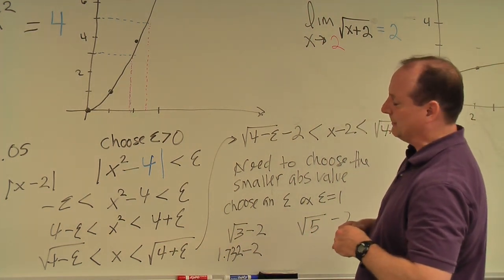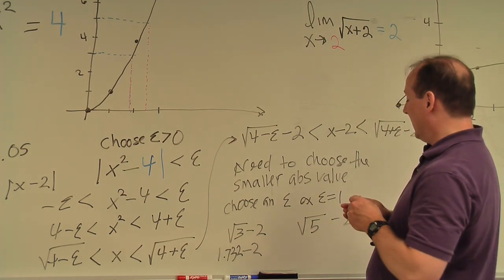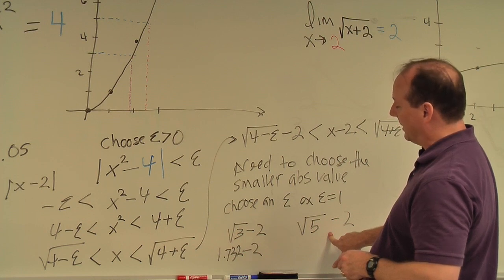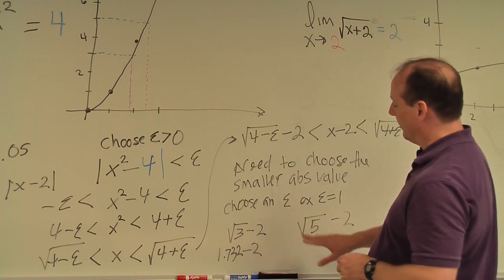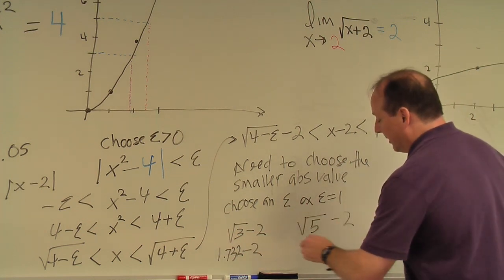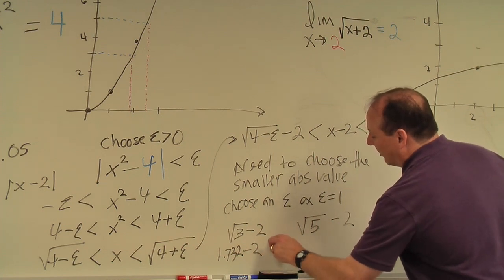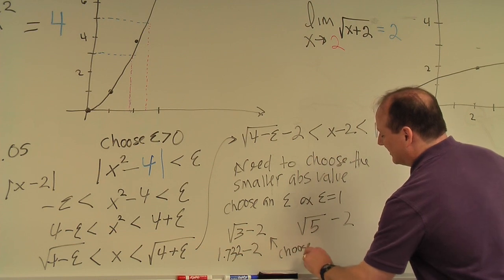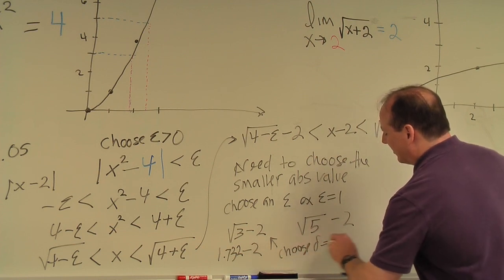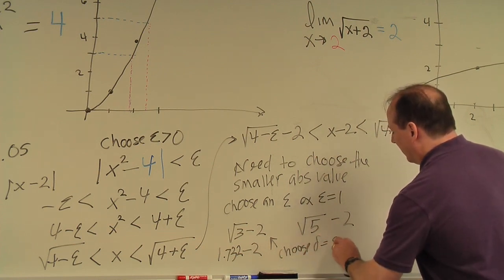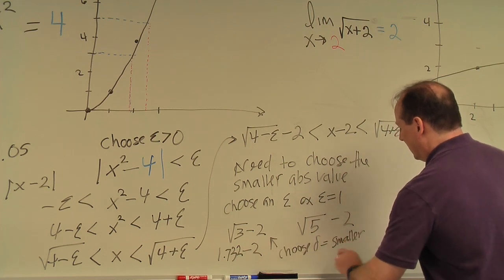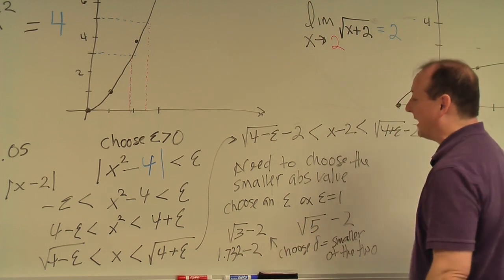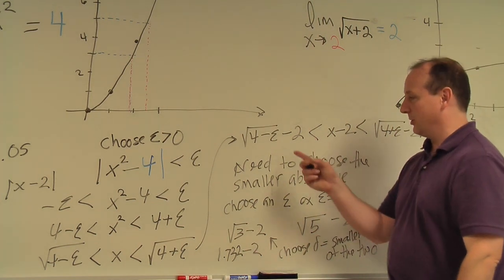I'll have to double check that, but we could verify which one of these two is smaller, and then you go with that. Okay. So then for right now, I'll say choose delta equal the smaller of the two.